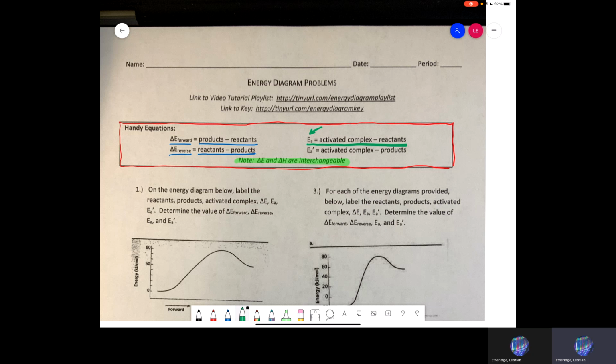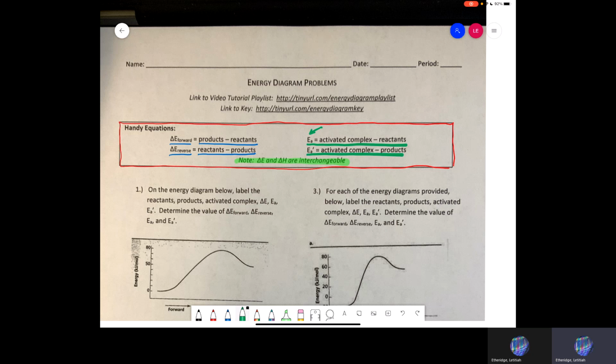For a reaction to happen, the reactants have to get to a higher level, where there is some energy above and beyond the products and reactants that is required for the reaction to happen. EA prime is the activated complex minus the products. The reason I'm doing that is that if you have to label them on a graph, it would be a good idea to know what the definitions are.